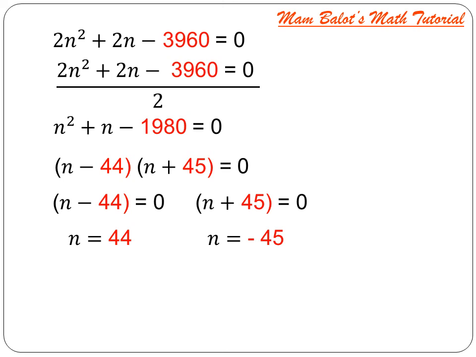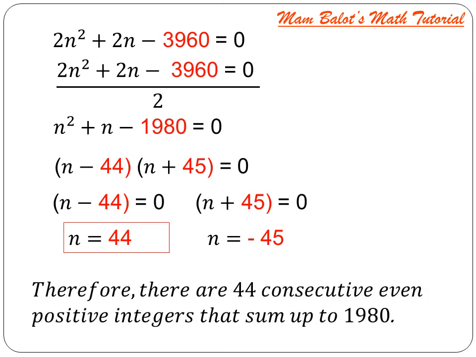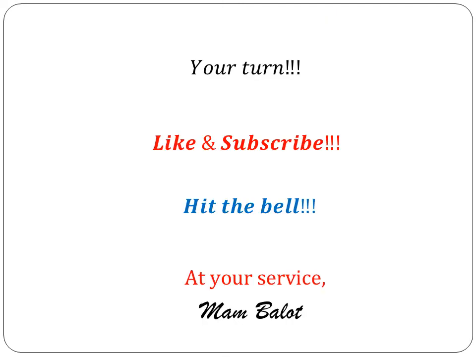But since we are looking for the number of terms, n cannot be a negative number. Therefore, negative 45 is an invalid result. So we go for n is equal to 44. So therefore, there are 44 consecutive even positive integers that sum up to 1,980. Now it's your turn to answer the module.